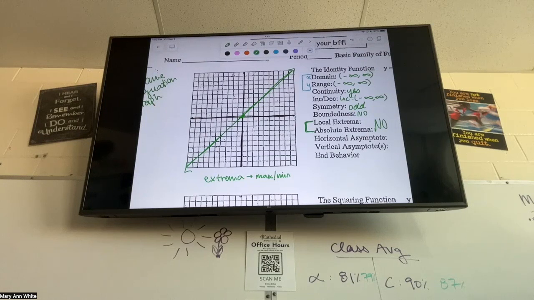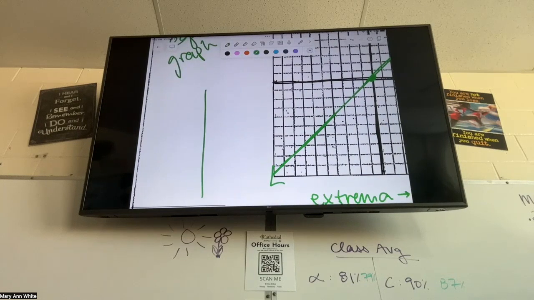Now, the difference between local and absolute: in your BFF graphs, there will be no difference. However, if I'm looking at an example like this, do you notice how I have a maximum right here and a minimum right there? Those are what we call local, because with everything around it, it is the lowest one, or the biggest one.